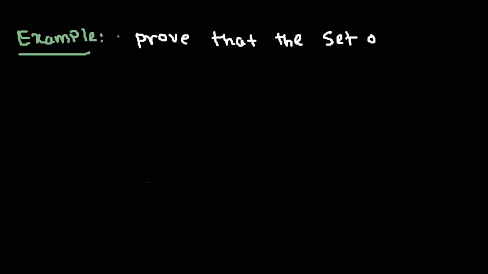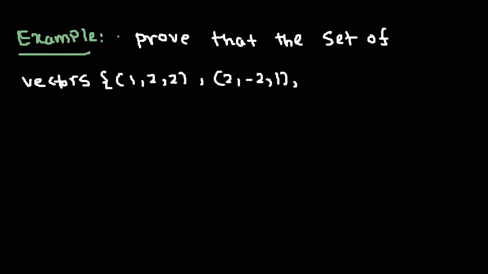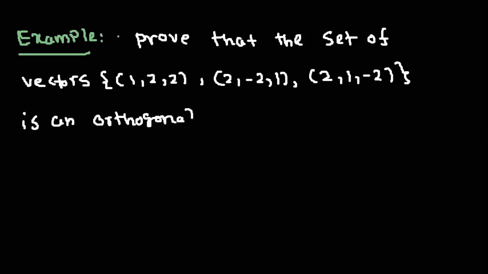So here is an example. Prove that the set of vectors (1, 2, 2), (2, -2, 1) and (2, 1, -2) is an orthogonal basis, so this is going to be a basis as well as an orthogonal set.